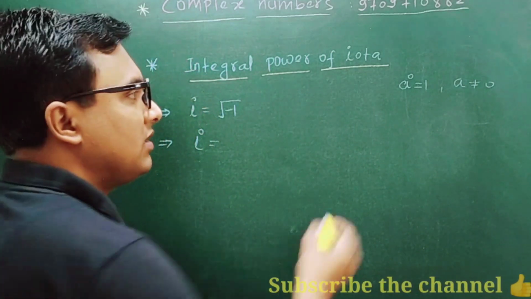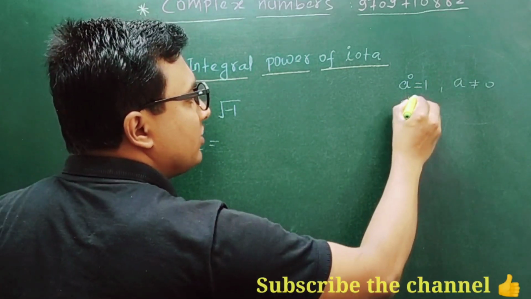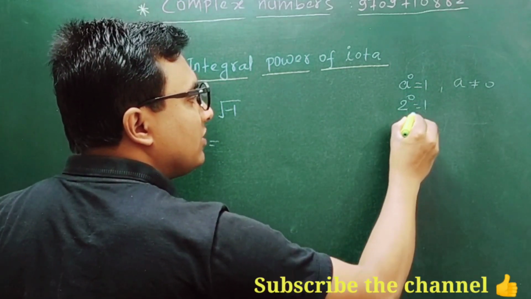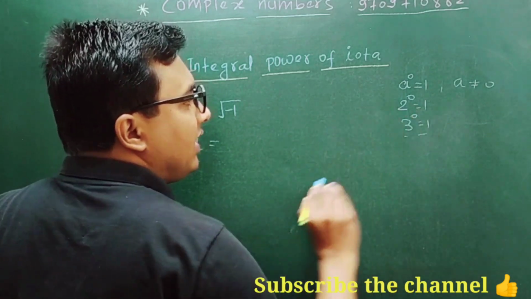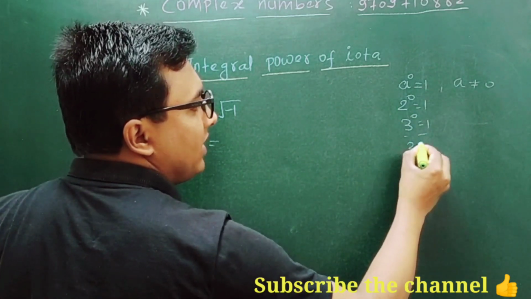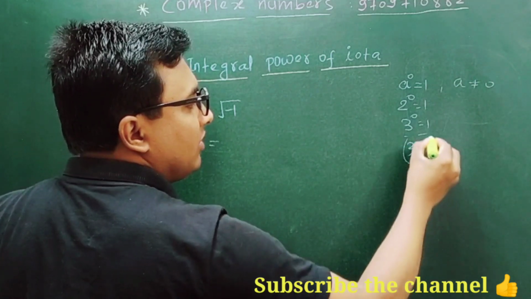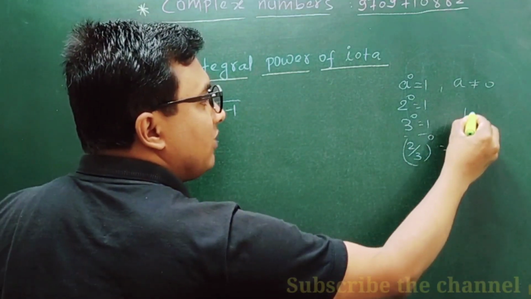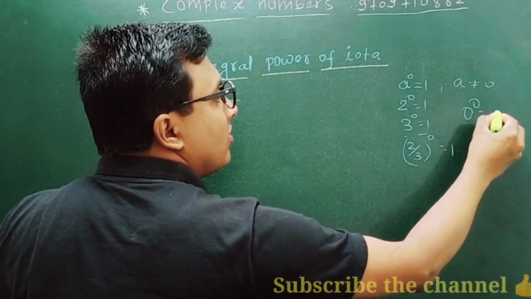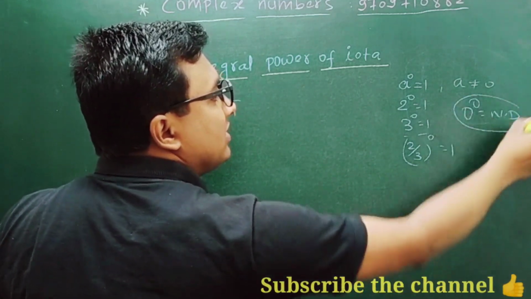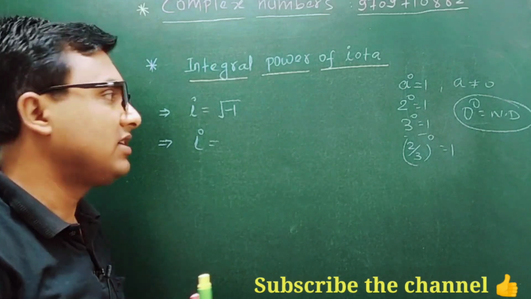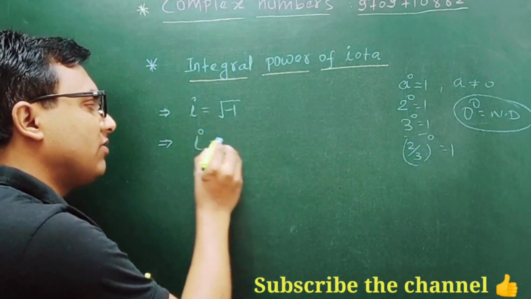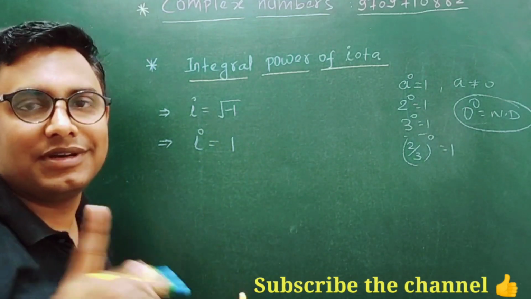That means 2 to the power 0 equals 1, 3 to the power 0 equals 1, and (2/3) to the power 0 equals 1, right? But what is the value of 0 to the power 0? This is not defined, right?